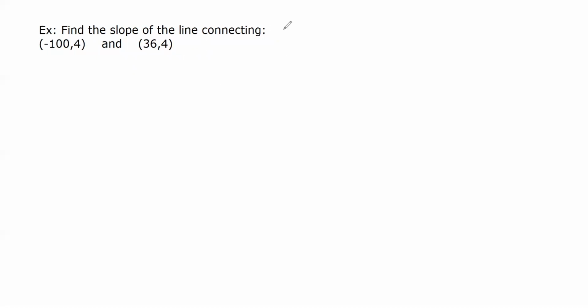Well, all right there, Pilgrim. So the slope would be y2 minus y1. Again, I'm just going to go ahead and write x1, y1, x2, y2. Because like I said, that's a good habit to get into. So it's going to be on top, 4 is y2 minus 4 again. On bottom, I guess I'll get 36 minus negative 100.